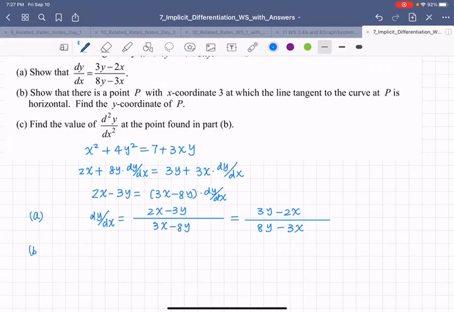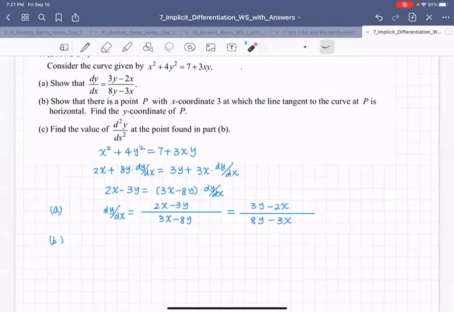Now for the B part, point P, x coordinate of 3, at which the line tangent to the curve at P is horizontal. Let's find this. Let's plug in x equals 3.